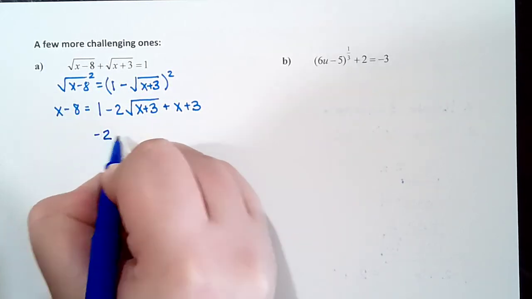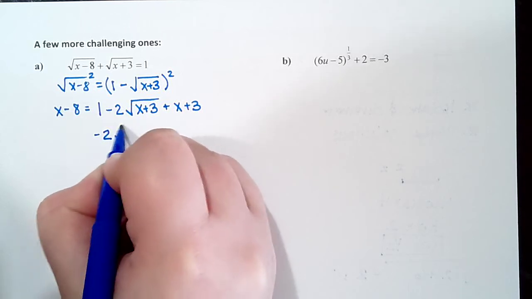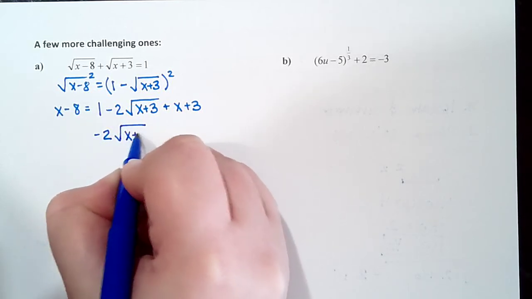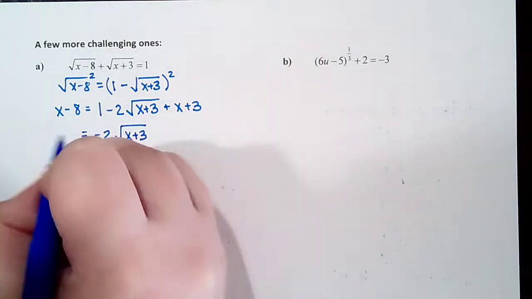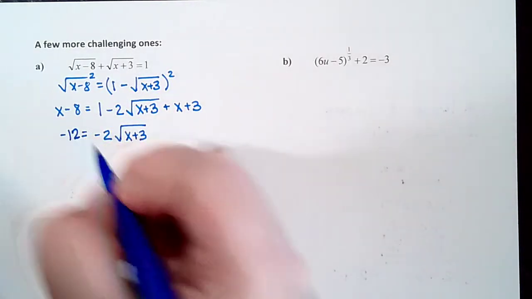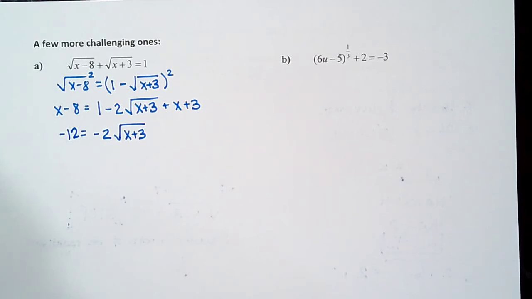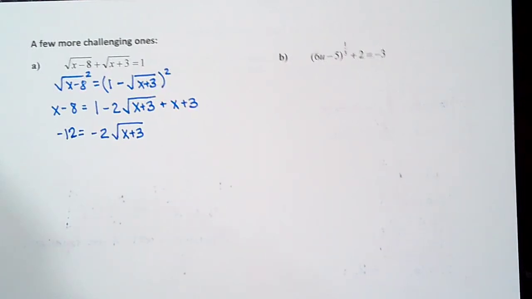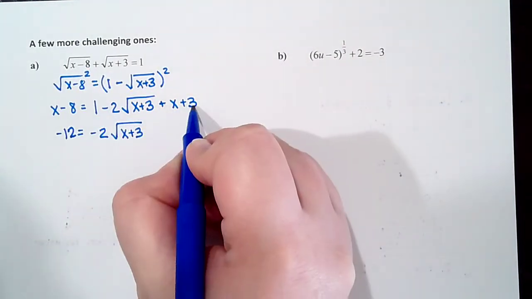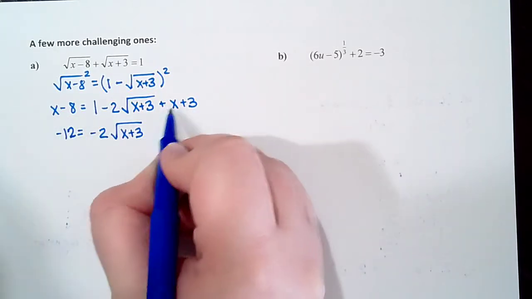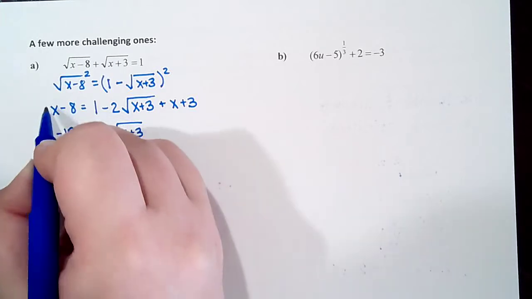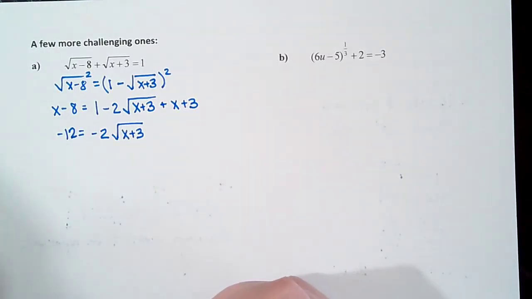So when I do that, I'm left with negative 2 times the root of x plus 3. And then on the left side, because I moved everything and combined like terms, I'm left with a negative 12. Again, that's just 1 plus 3 minus 4 from both sides. You get negative 12. I also canceled that x by moving it to the other side.